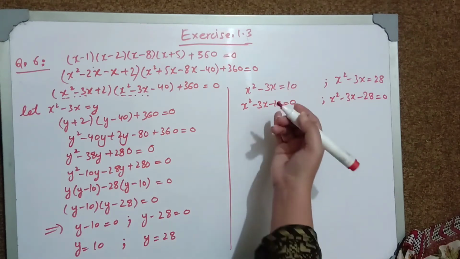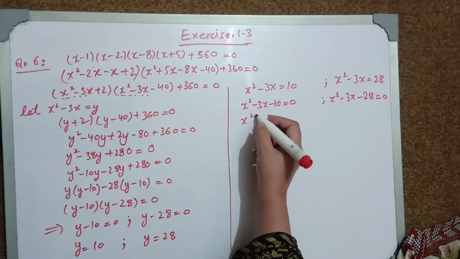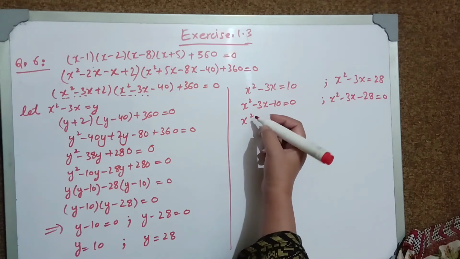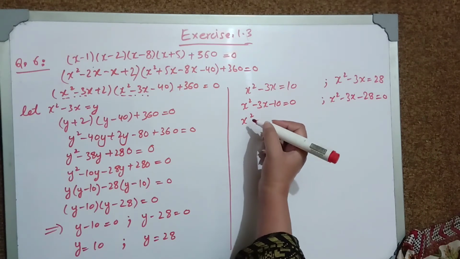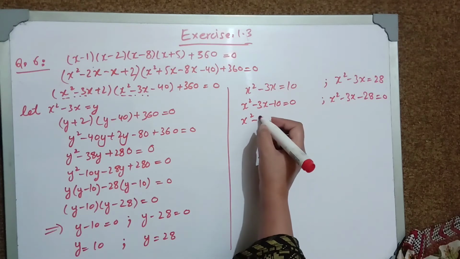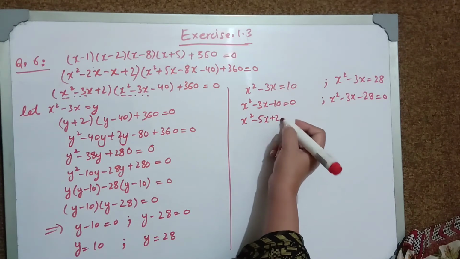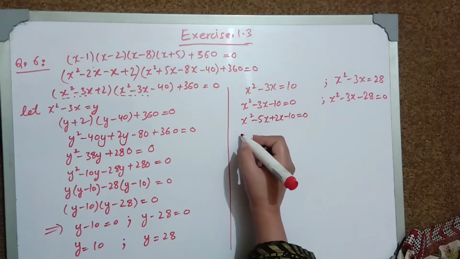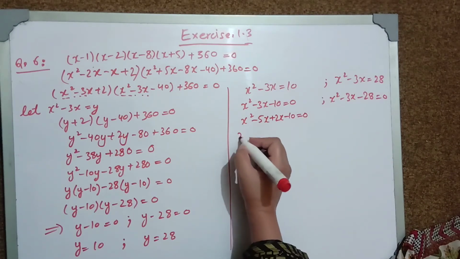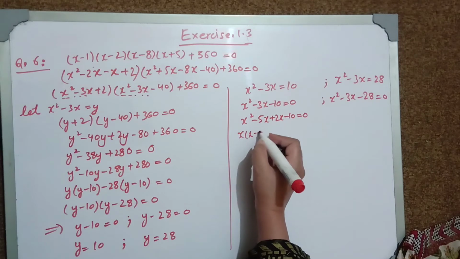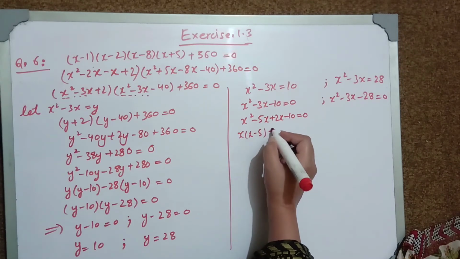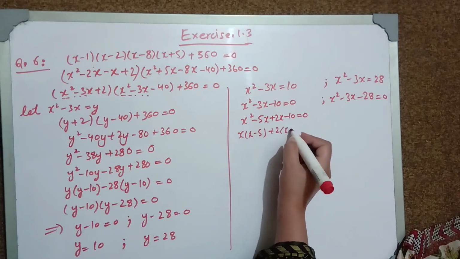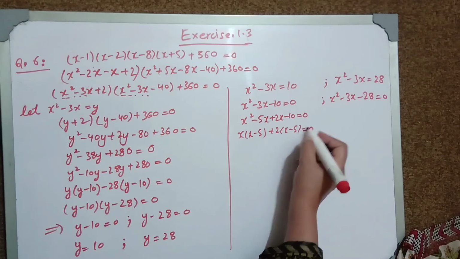So minus 3x can be written as x square minus 5x plus 2x, minus 10 equals to 0. From the first two terms we can take x common and we'll be left with x minus 5. From here we'll take plus 2 common and we'll be left with x minus 5 is equals to 0.